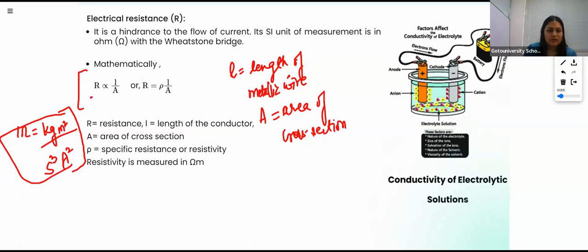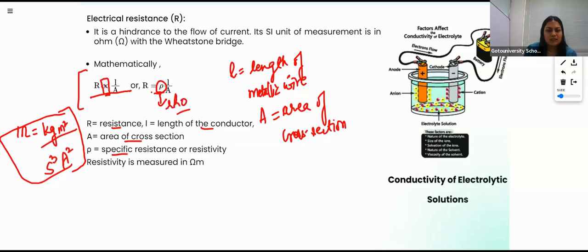If we look at this relation, R is directly proportional to L by A, where R is the resistance, L is the length of the conductor or say metallic wire, and A is the area of cross section. Now, if we remove this proportionality sign, we use one proportionality constant, which is known as rho.